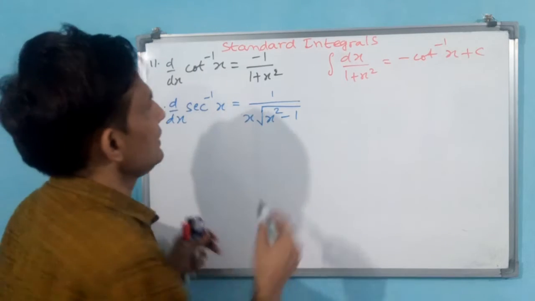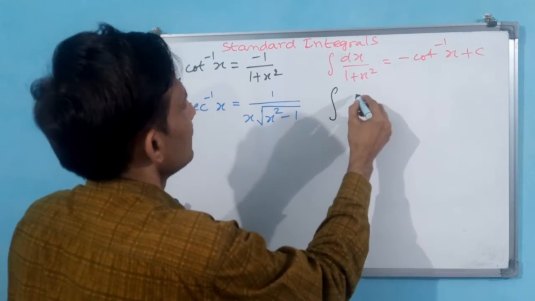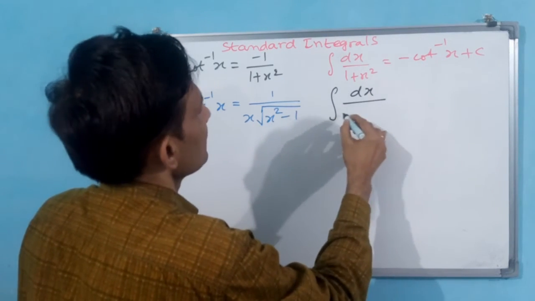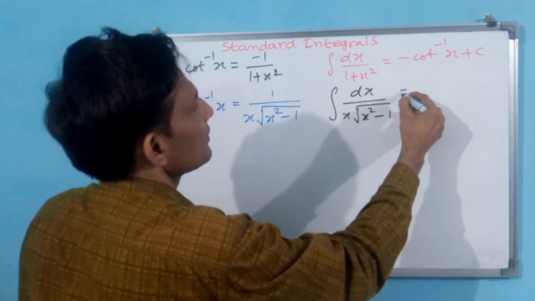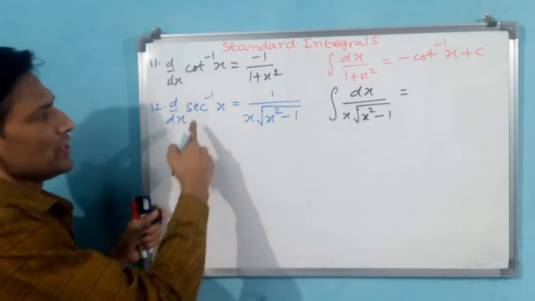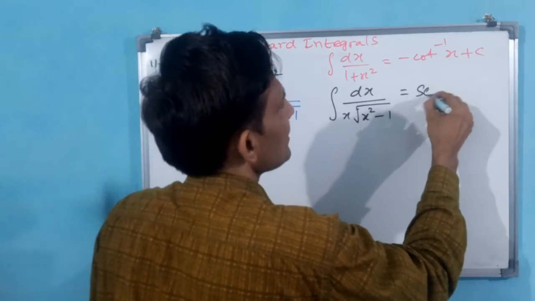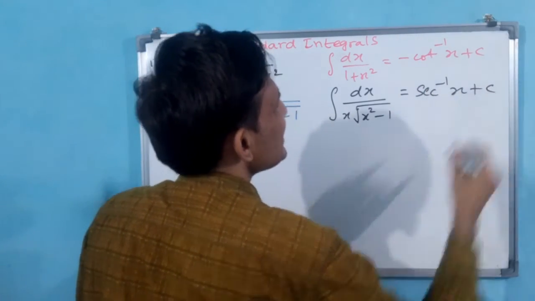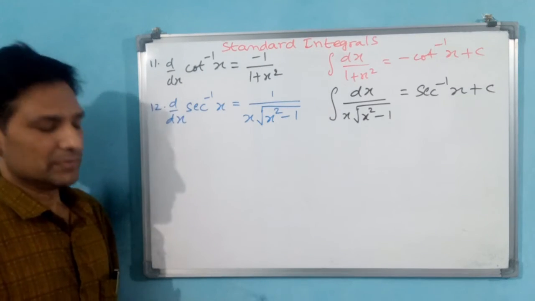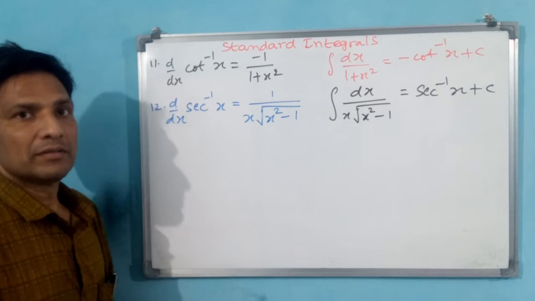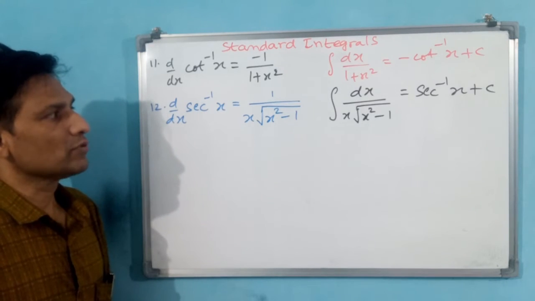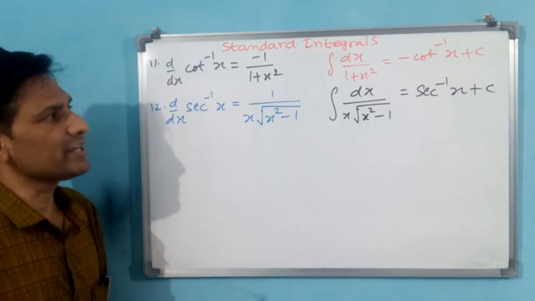Okay, write down integral dx by x into square root of x square minus 1 is secant inverse x plus c. Is it okay?